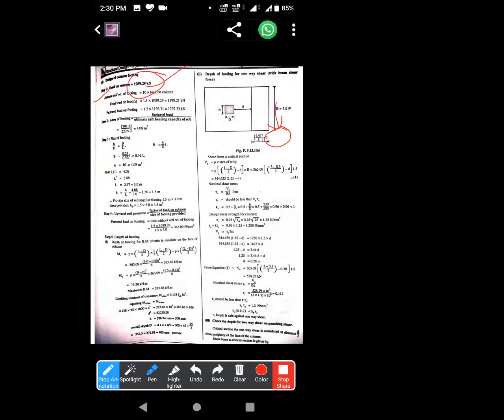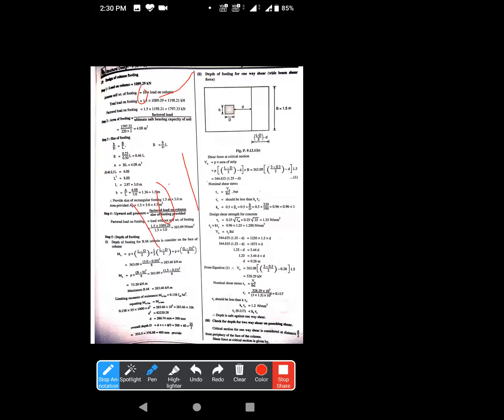Now you have to assume the self weight of your footing. Assume the self weight of your footing is 10% of the load on column. Means total load on footing is 1.1 into 1089.29. Here you have to assume 10% more load on your column.